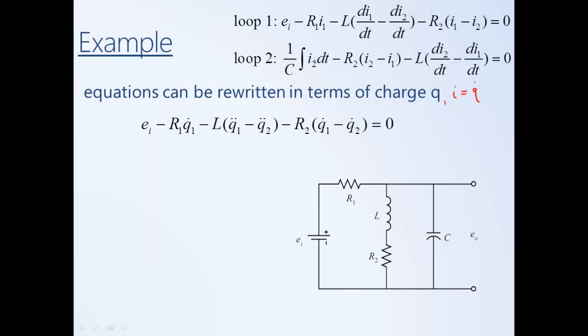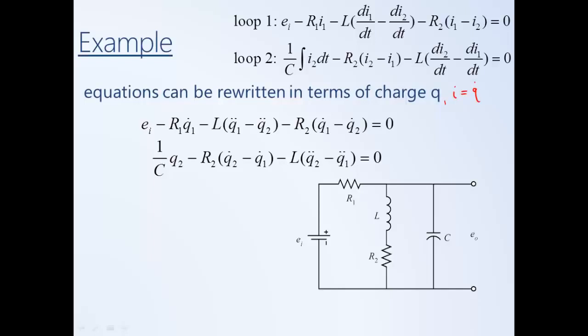So if I integrate Q2 dot, I'm going to get back just Q2. Here again, I2 is Q2 dot, I1 is Q1 dot, then I differentiate Q2 dot to get Q2 double dot, and I differentiate Q1 dot to get Q1 double dot. And so this is the equation for the second loop.